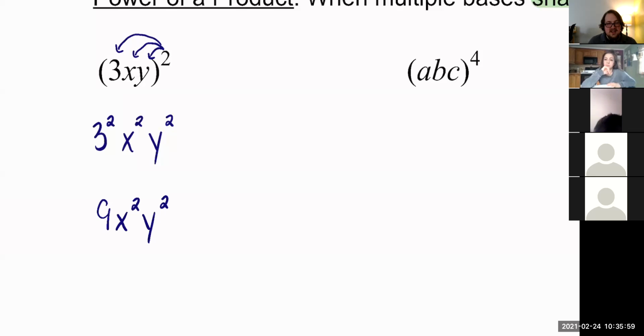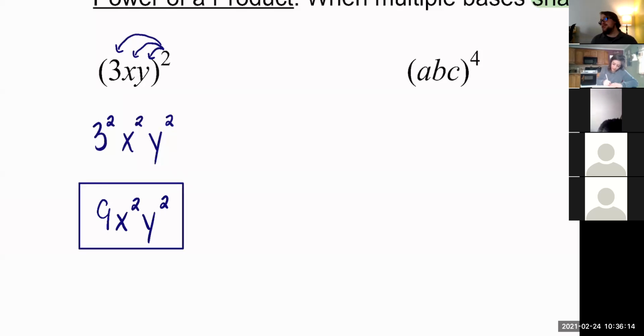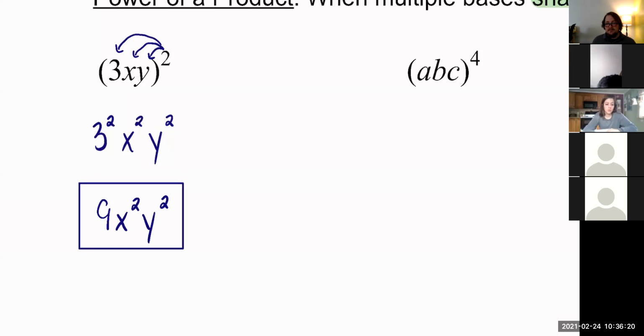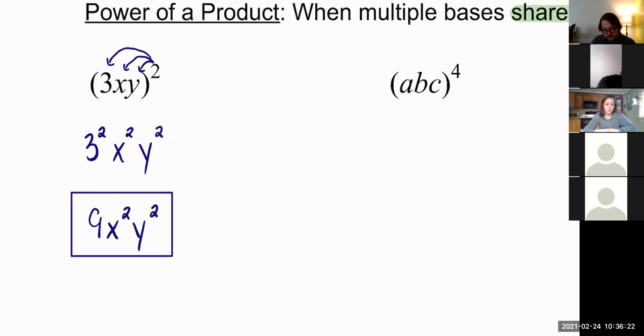Anytime you have a base that is a value, if it has an exponent, just go ahead and evaluate it out, whether it's on your calculator or by hand. But I can't combine any of those other bases because they're not common bases. I can't multiply their exponents because they are on separate bases. That's as far as I can take that one.